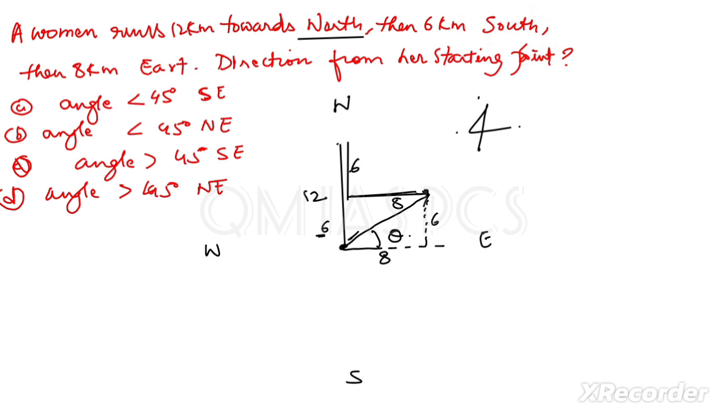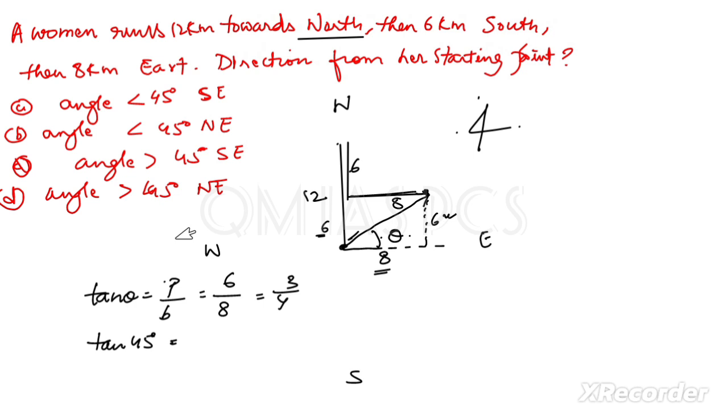So this is your perpendicular, I mean from this is your angle, and the side along with the angle, this is your base. So simply you can say tan theta is equal to perpendicular by base. Okay, so perpendicular means 6 by base means 8, and that will be 3 by 4. Okay, and one thing is tan 45 degree.